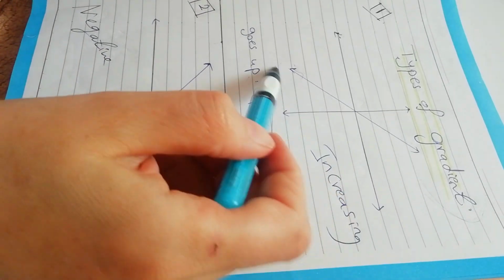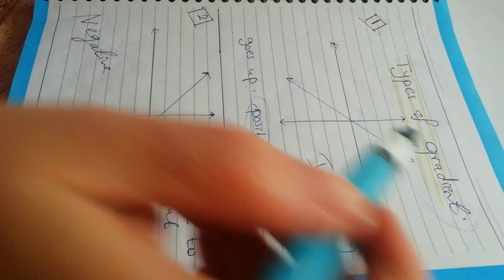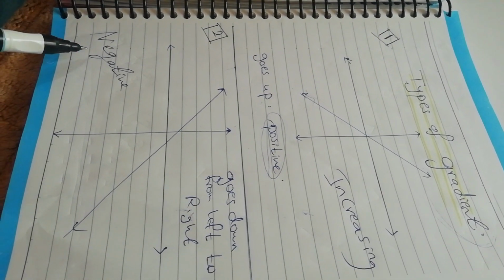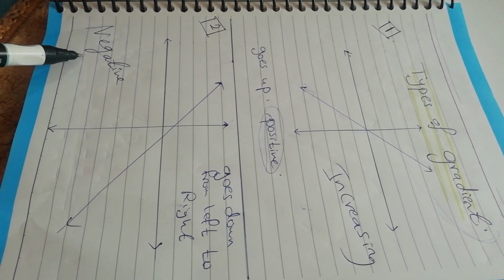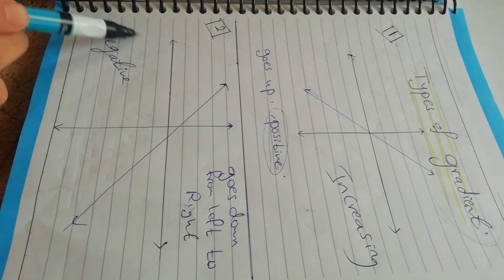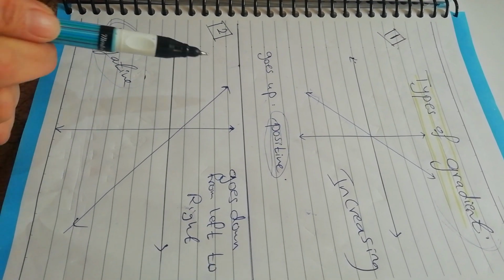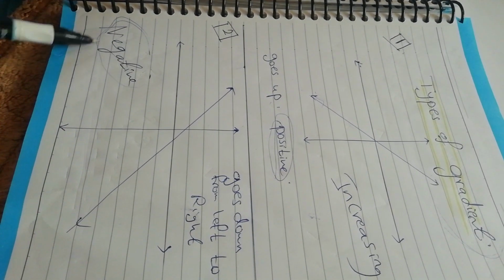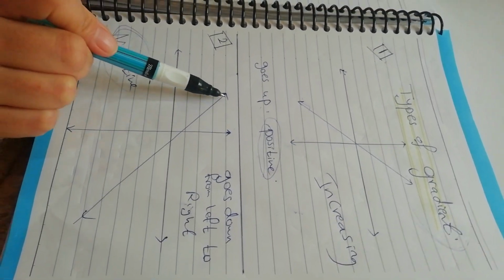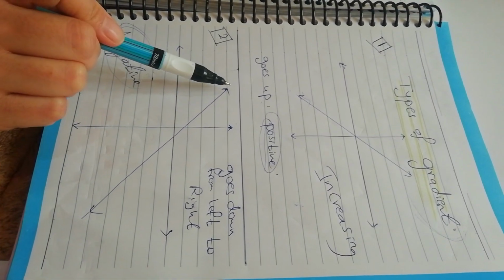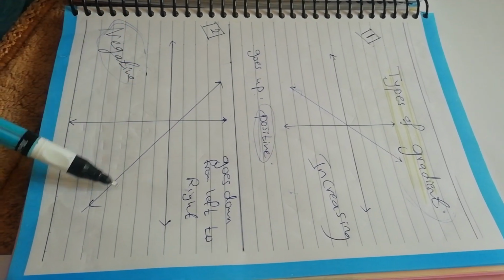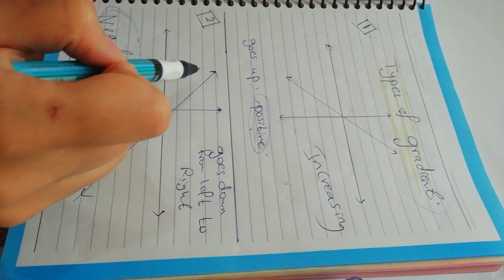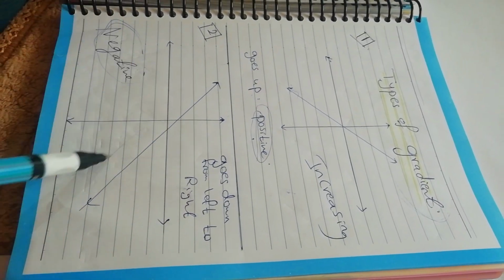So the shape of the line must be like that, increasing. Now, what if the gradient is negative? We can guess that if the gradient is negative, the line goes down from left to right. So if it's positive, it goes up, increasing. If it's negative, it goes down.